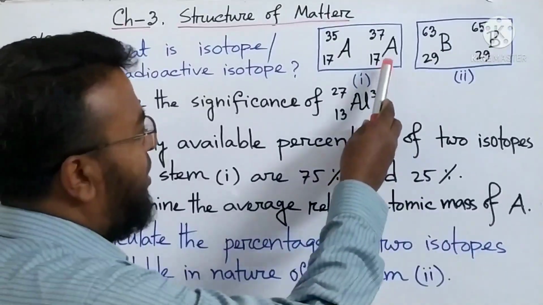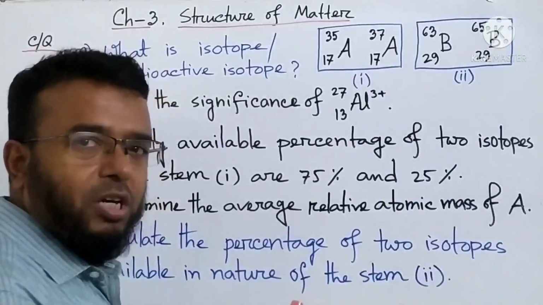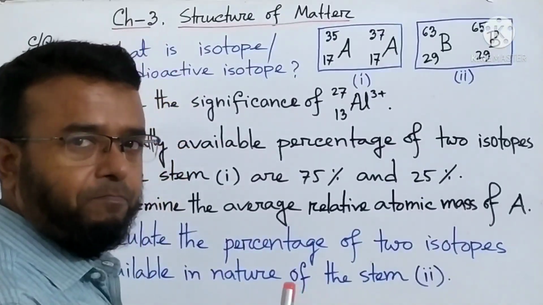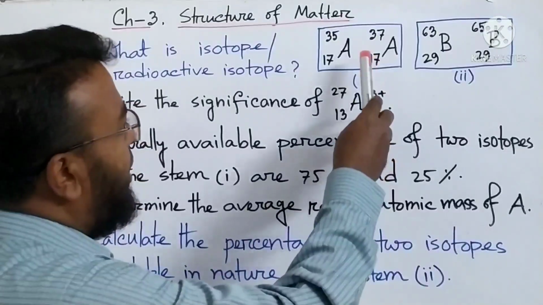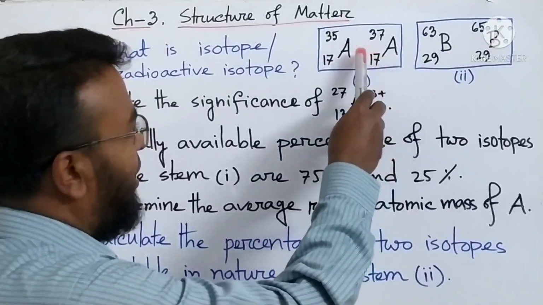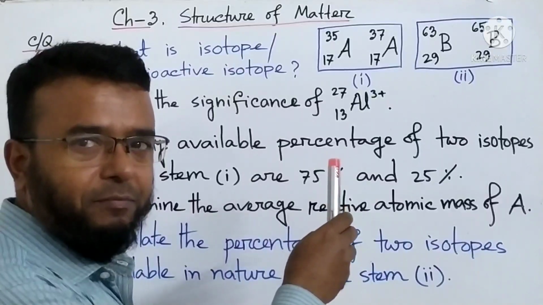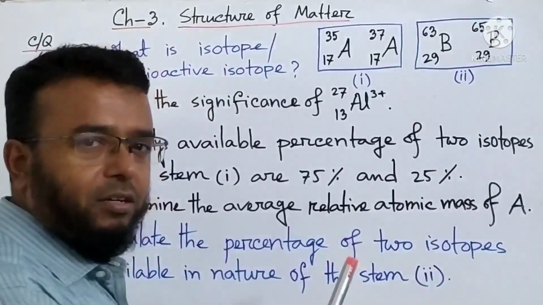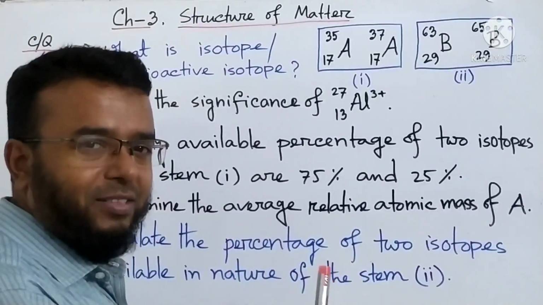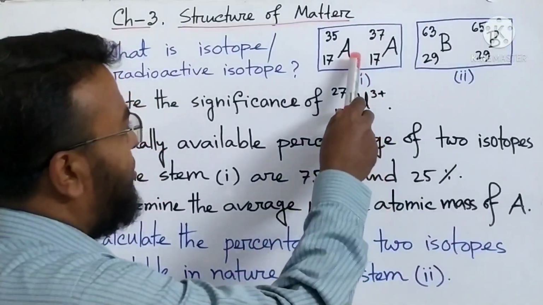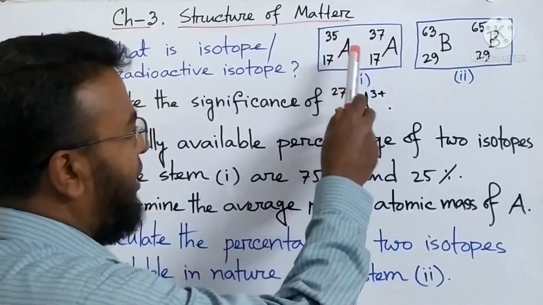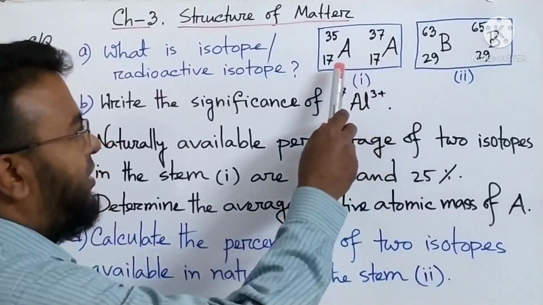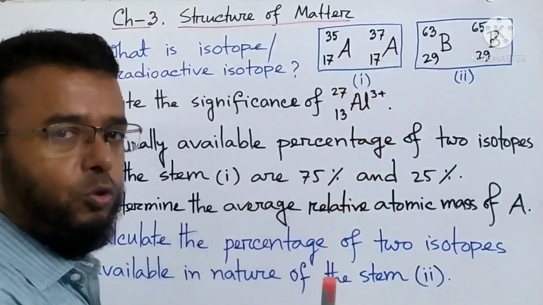I think you have already understood what the element is. Atomic number 17, so the name of the element is chlorine, and atomic number 29, the element is copper. So these are the isotopes of chlorine, and these are the isotopes of copper. So this is stem 1 and this is stem 2.